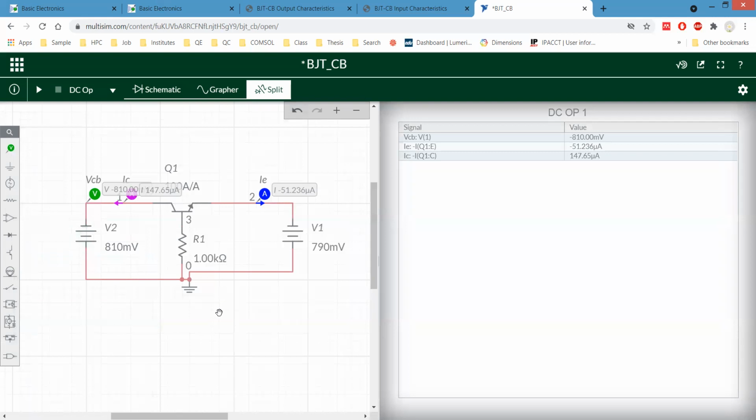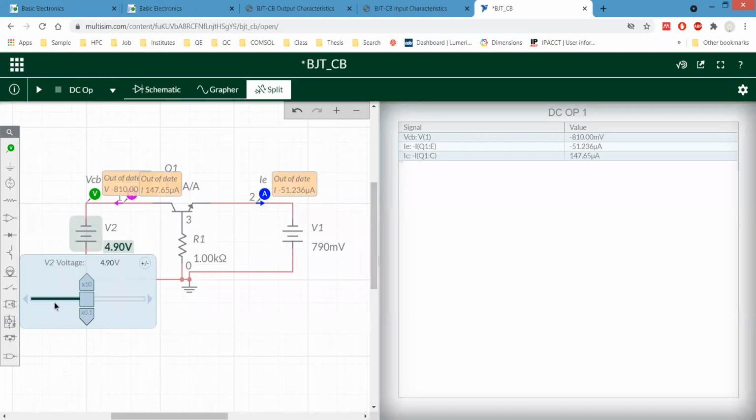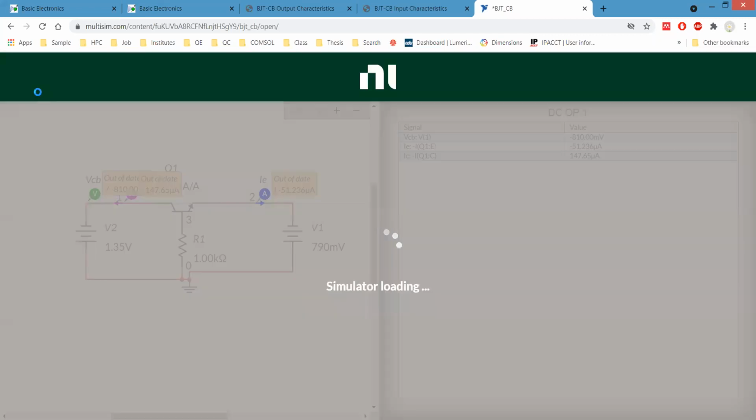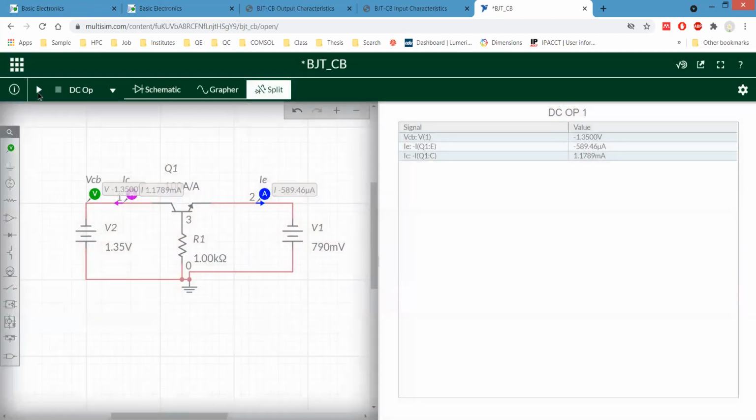But IE should be constant, because we are keeping the base emitter junction voltage constant, but still it is changing. Let's say it is 1 volt. For this case, IE should remain constant. I don't know why it is affecting.